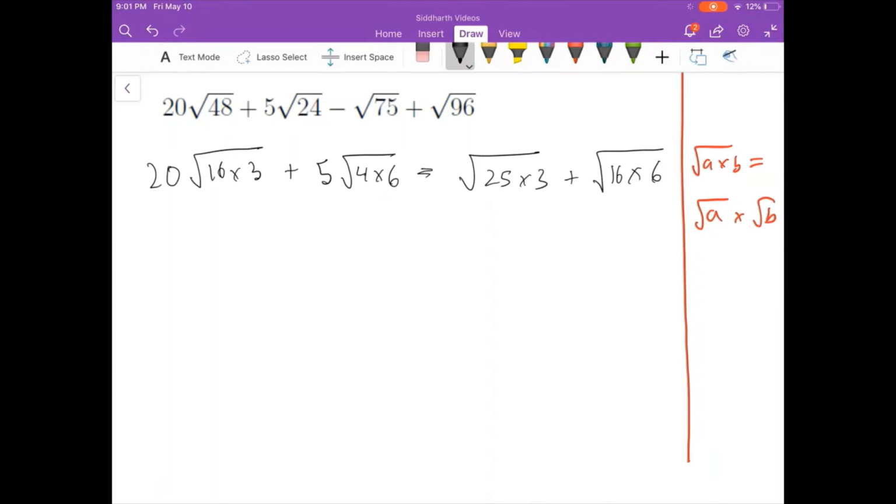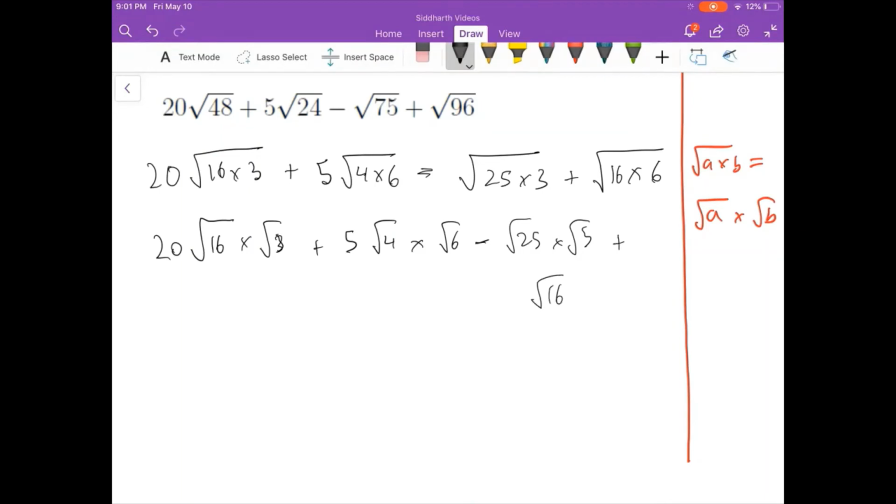So this is 20 root 16 into root 3 plus 5 root 4 into root 6 minus root 25 into root 3 plus root 16 into root 6.